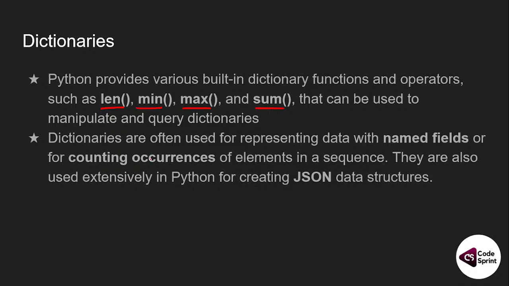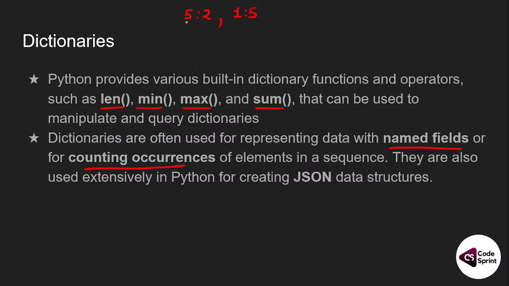And afterwards, dictionaries are often used whenever we want to represent data with named fields or counting occurrences. Like I want to count how many times a 5 came, then I will give a key, like 5 is a key, and I will say it occurs 2 times, and I have a key like 1 which comes 5 times.